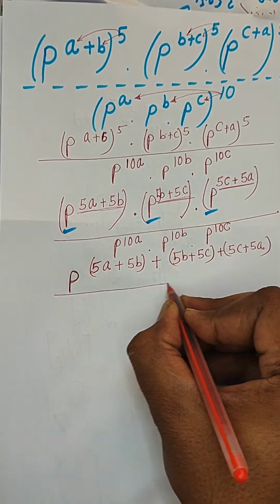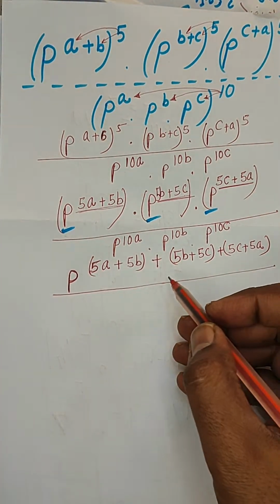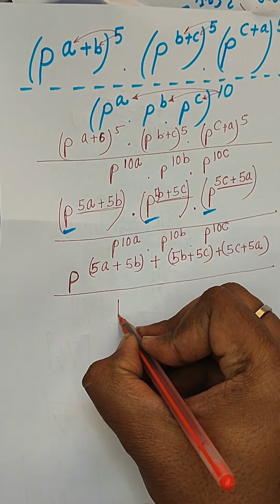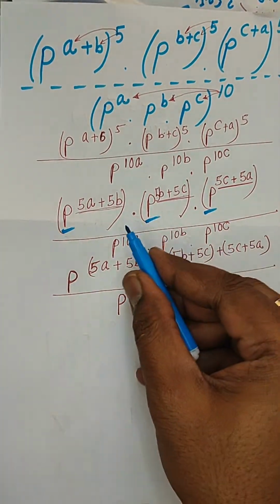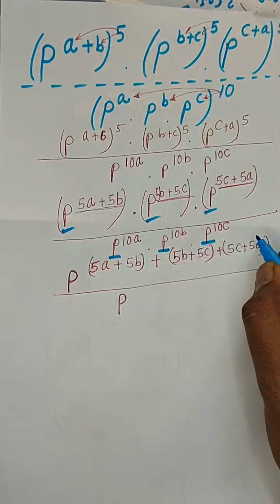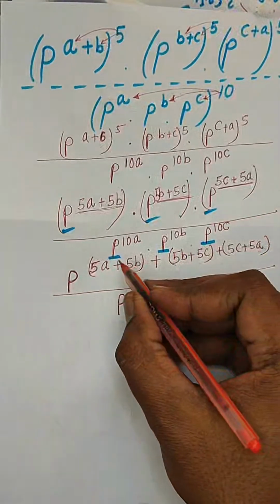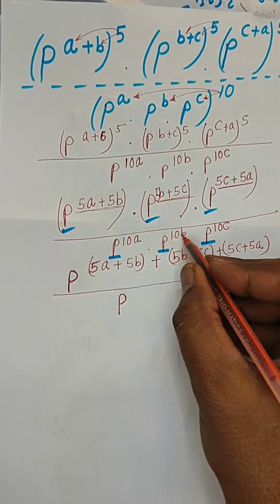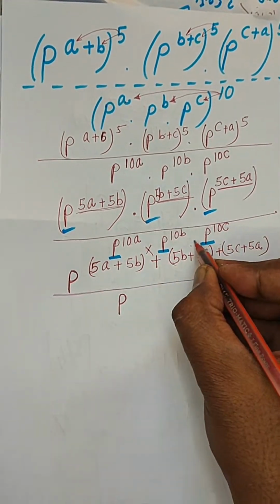Now this is the entire numerator, and in the denominator we have p to the power. Similarly, you can see p is the base for all of these, and all of these are multiplied. We know the formula: exponents will be added when the base is the same.